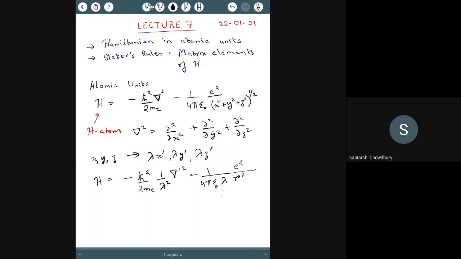Now that we have this, we impose a further condition to find out the value of lambda, which will actually be my conversion factor from, let's say, SI units to atomic units. The atomic units will be such that my operators will be unit free. So here x, y, z and x prime, y prime, and z prime are dimensionless.